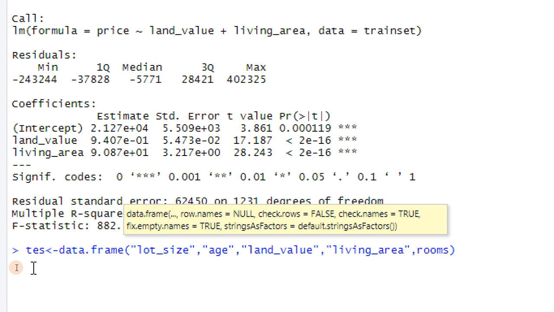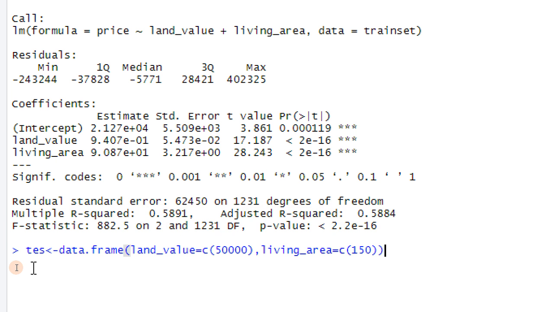In my data there are no rooms, living area is there, land value is there, and there is no age and no lot size also, right? So land value is equal to the combine function, land value 50,000 I'm giving, living area is equal to the combine function, living area is 150. So the TES input variable is ready.